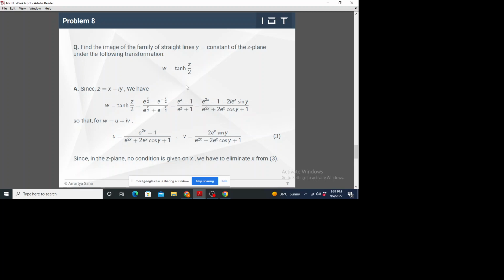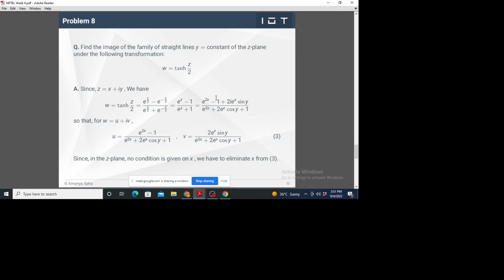So again, the straightforward algorithm. z is x plus iy, and w is tanh(z/2), and tanh(z/2) is sinh(z/2) divided by cosh(z/2), and that simplifies to (e to the power z minus 1) divided by (e to the power z plus 1). And then in the final line, I have just substituted z equal to x plus iy.